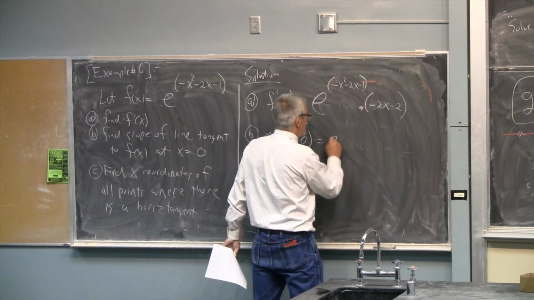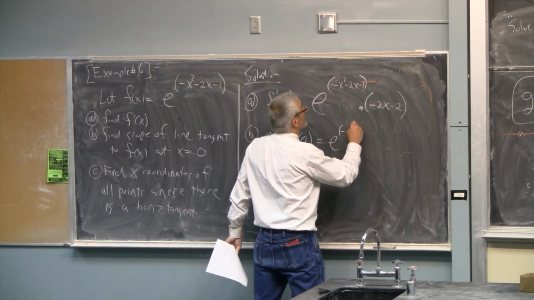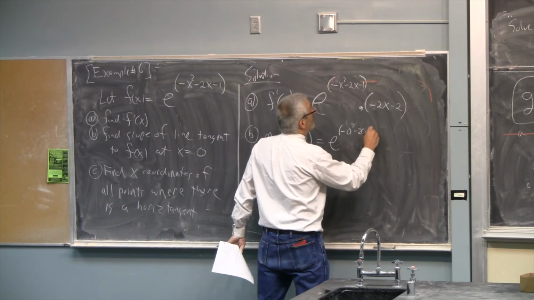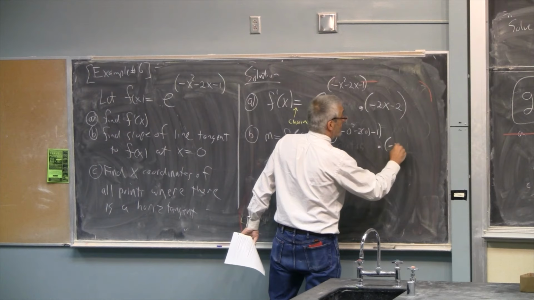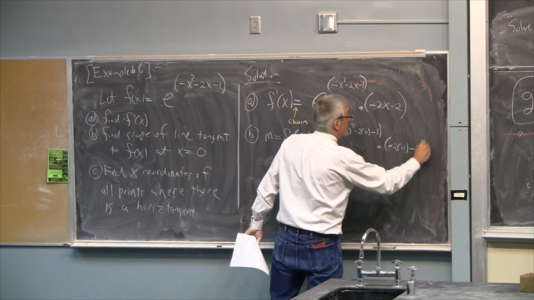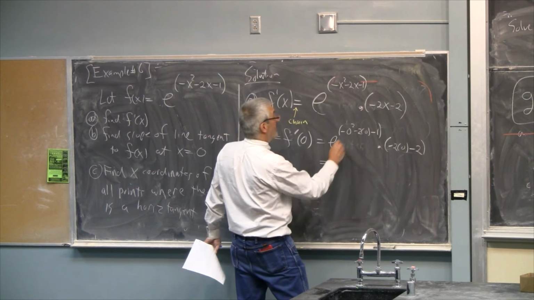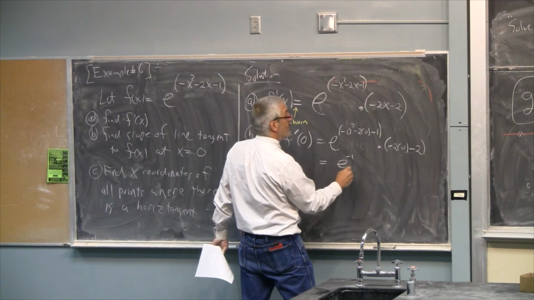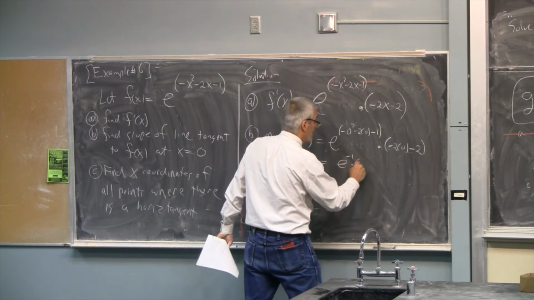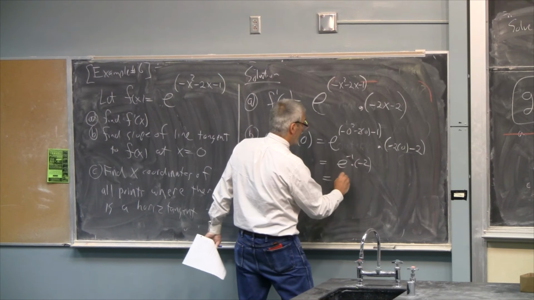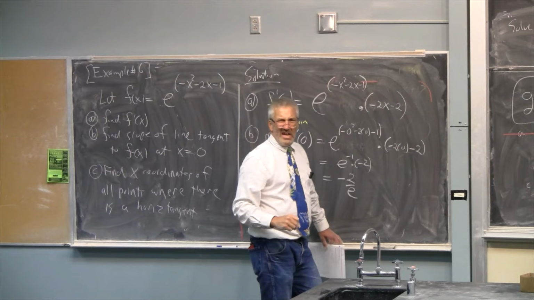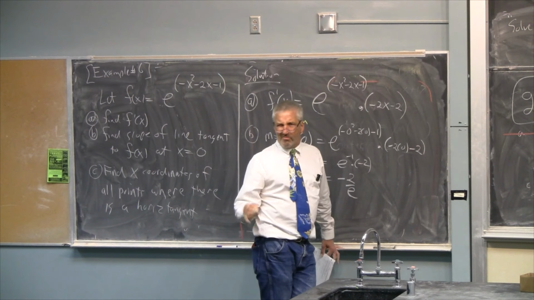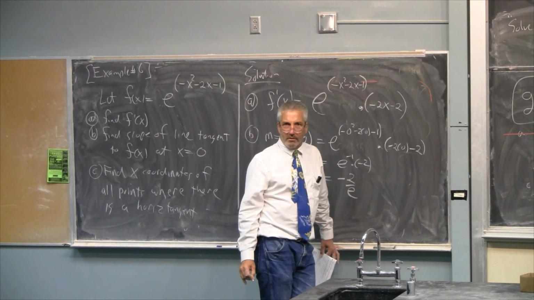So that's going to be e to the minus 0 squared minus 2 times 0 minus 1, times minus 2 times 0 minus 2. So that's e to the minus 1 times a minus 2. So that's minus 2 over e. Now remember that e is like 2.7, so that's roughly minus 2/3.